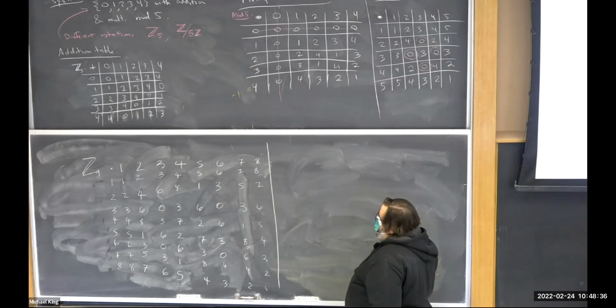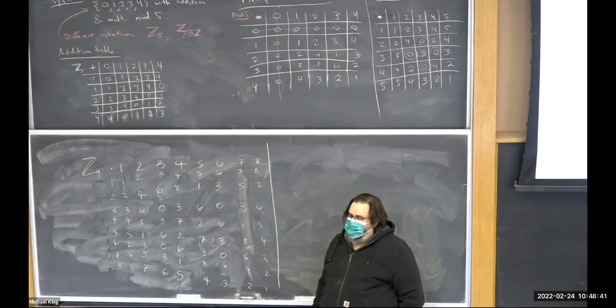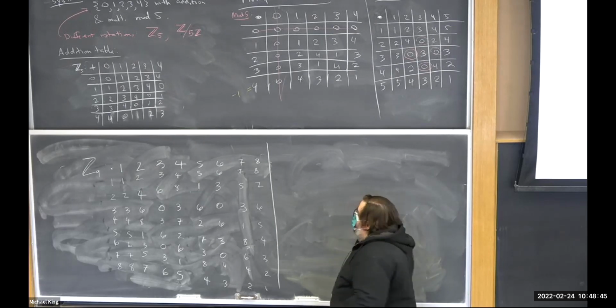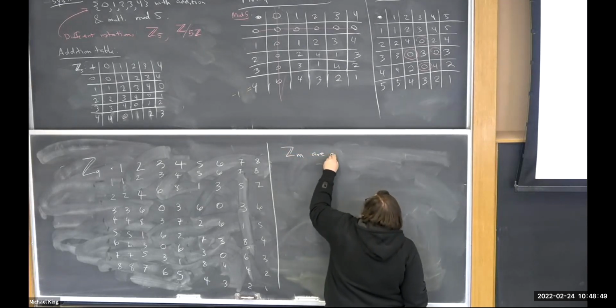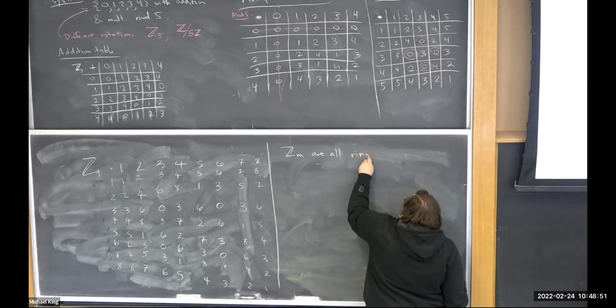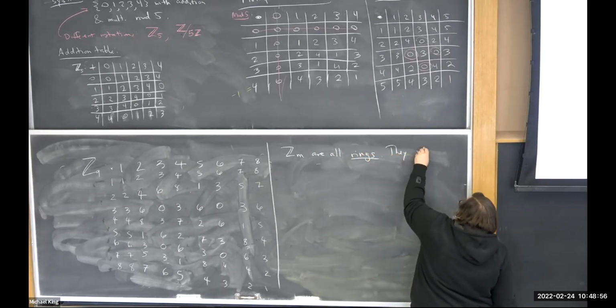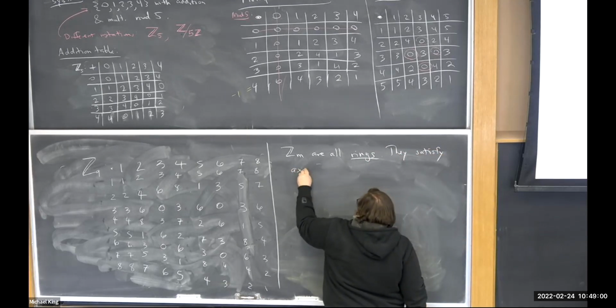In a number system, so actually all of these Z mod N, Z mod M are rings. They satisfy those ring axioms. Maybe I should say that first. Z mod M are all rings. They satisfy axioms 0 through 6 from our axiom sheet.